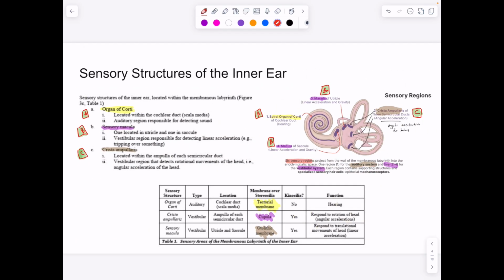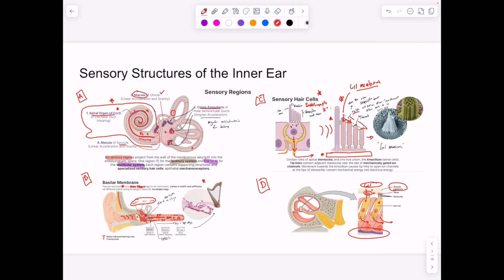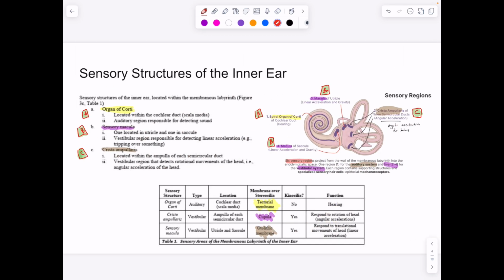Okay, so then, just more on the sensory structures of the ear. We already started to say this, but this gel membrane is over the top of each of these hair cells, depending on if you're here in the saccule, here in the utricle, or here in the crista ampullaris of the semicircular ducts.